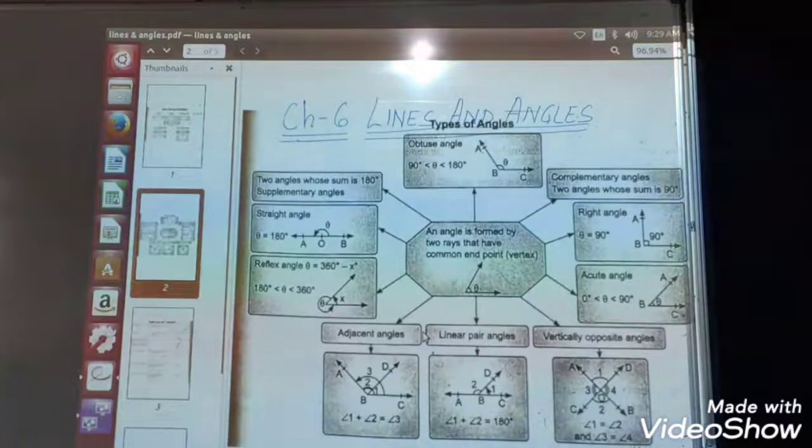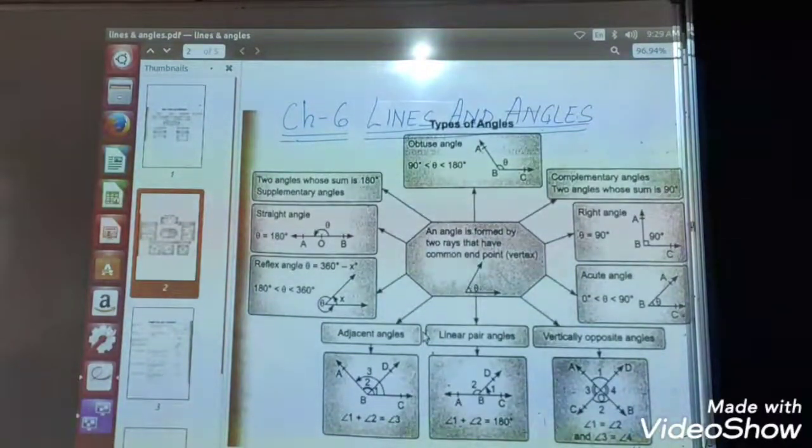Then comes obtuse angle, an angle which measures between 90 degree to 180 degree is called obtuse angle as shown in the figure. Then comes straight angle, an angle which is exactly 180 degree is called a straight angle. Means straight angle is simply a line.